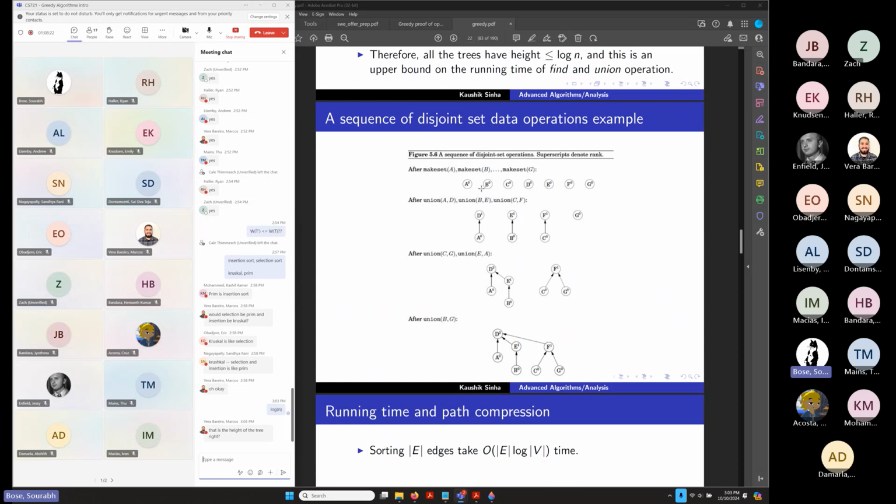Okay, so initially, let's say these are the vertices A, B, C, D, E, F, G, and we are trying to create individual sets for each of them. Each of them has a number on top. That is the rank of the tree. Rank is in essence the largest height below this node. The largest heights below these nodes are all zeros, so we are skipping. Now let's say we want to union A and D, B and E, and C and F. Well, we will add A to either D or the other; both of them have the same rank.